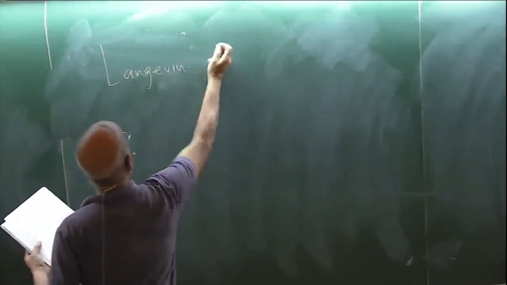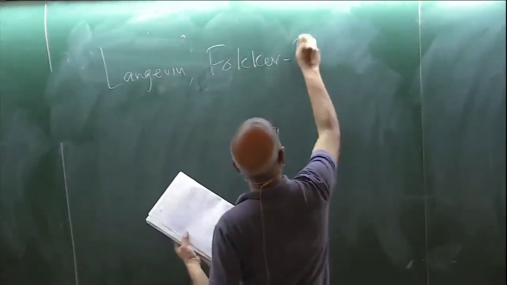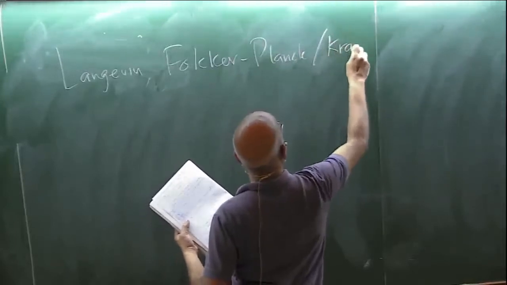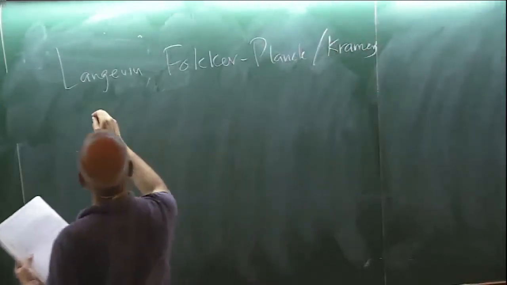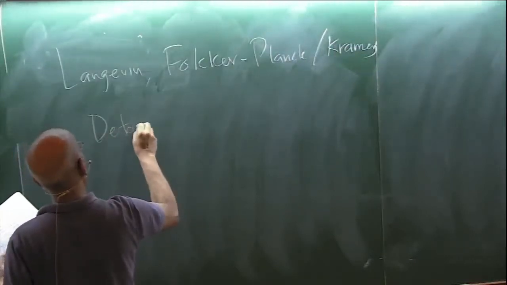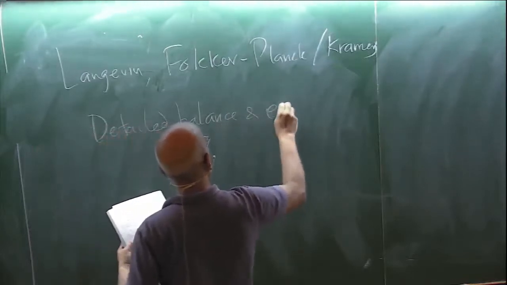So what I want to tell you about a little clearly today is Langevin, Fokker-Planck, or Kramers, and detailed balance, and entropy production.